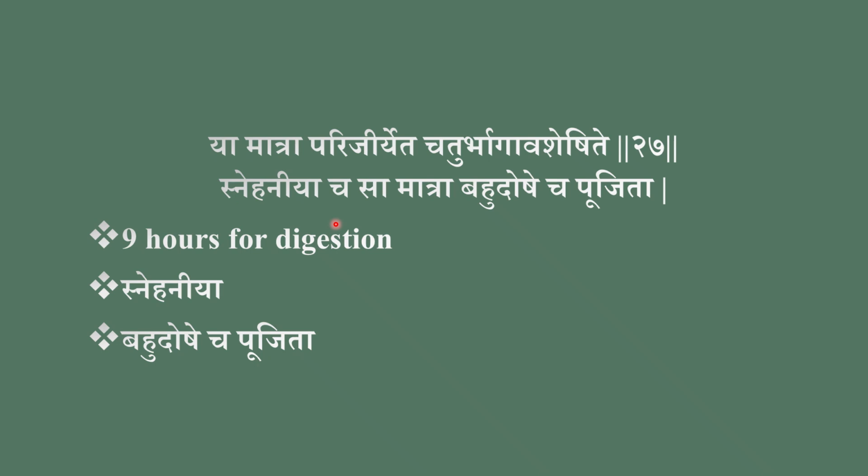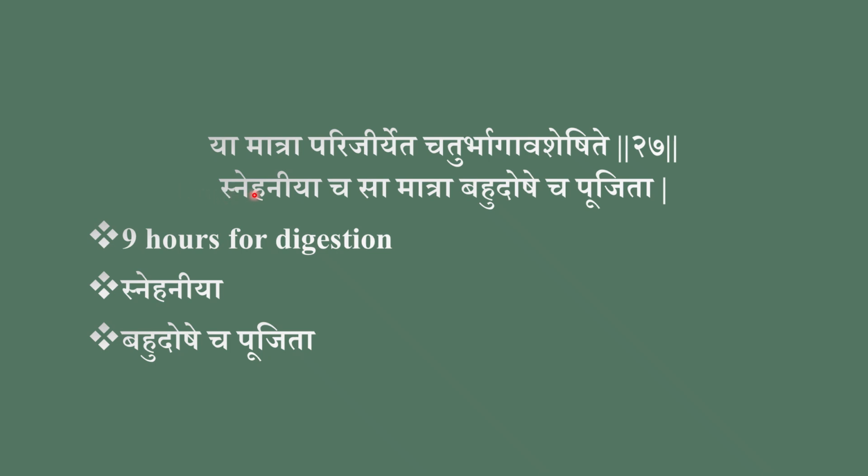So Madhyamatra Snehapana as per Sushruta is of two kinds. One is 12-hour digestion, and the second one is 9-hour digestion. Both of these doses are mentioned for Shodhana only, that is Snehana only. Snehaniya cha sa matra bahudoshe cha pujita. When there is bahudosha, we have to do Shodhana. For Shodhana, we have to give Snehana first.